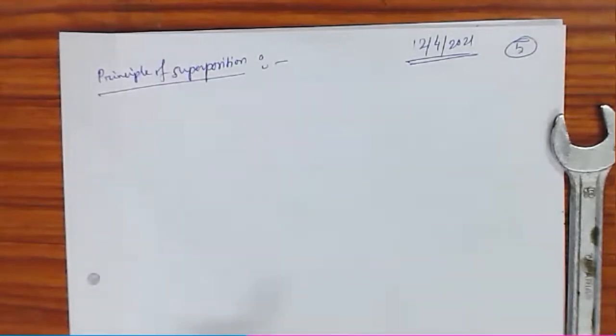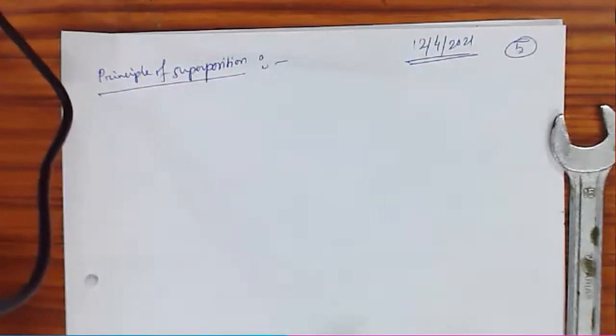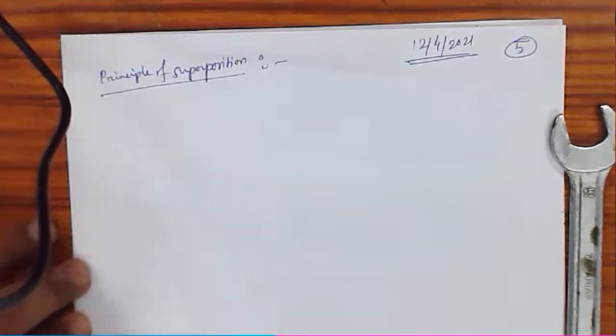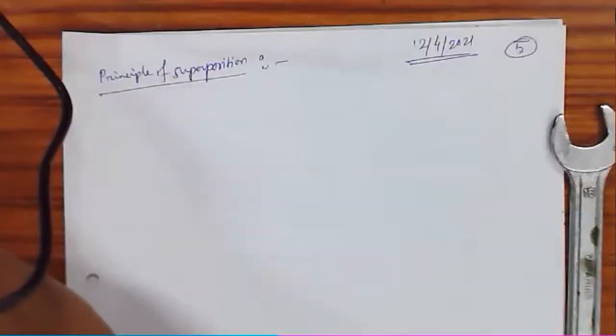It says when a number of loads are acting on a body, the resulting strain, according to the principle of superposition, will be the algebraic sum of the strains caused by individual loads. I am reading out slowly. Bear with me. Listen.